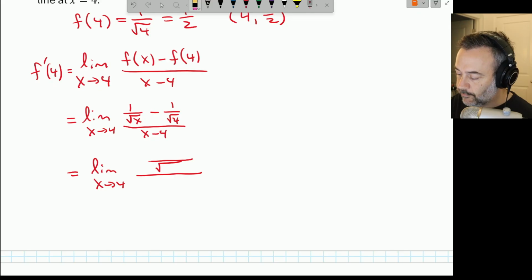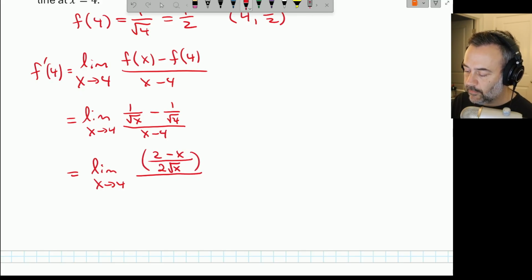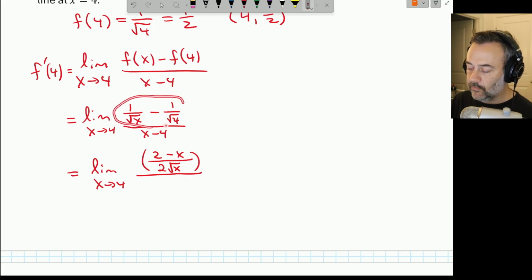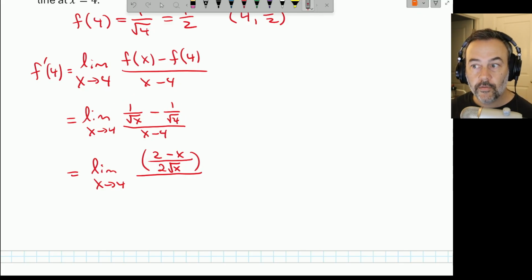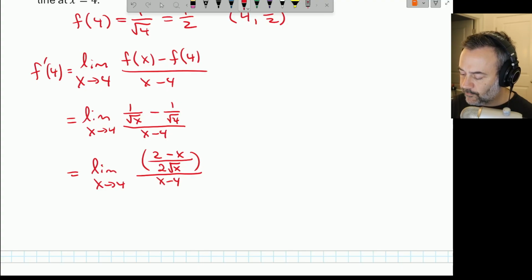The square root of 4 is 2, so my denominator will be 2 root x, and I'll have a 2 minus x in the numerator. So that gets these two together into a single term. Just get a common denominator, subtract them. And I'm still over x minus 4.